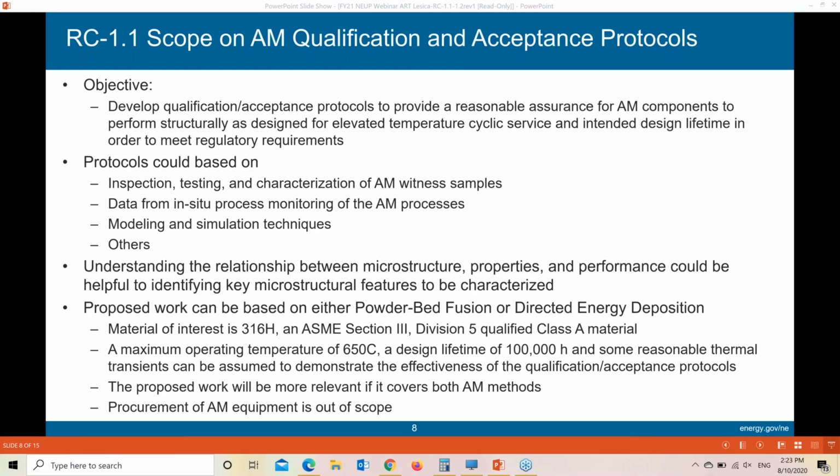For RC 1.1, does one need to address both creep and fatigue life as the targeted performance index? Yes, we do, because those are the structural failure modes that advanced reactor components will see due to thermal transients.